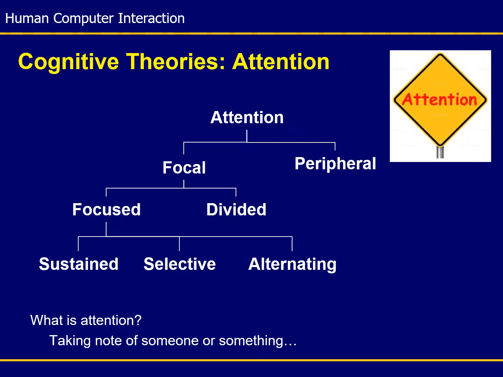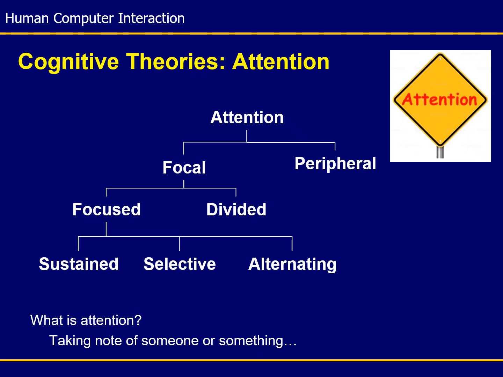Next, we're going to look at the topic of attention. Okay, this is again cognitive psychology stuff, but also very important to us because we are going to use that in interface design. So when you're asked to pay attention to a topic, like for example listening to this lecture, this attention has many types. There are two broad types first, focal versus peripheral.